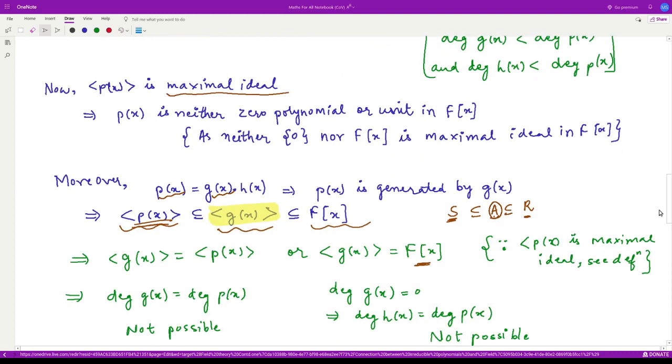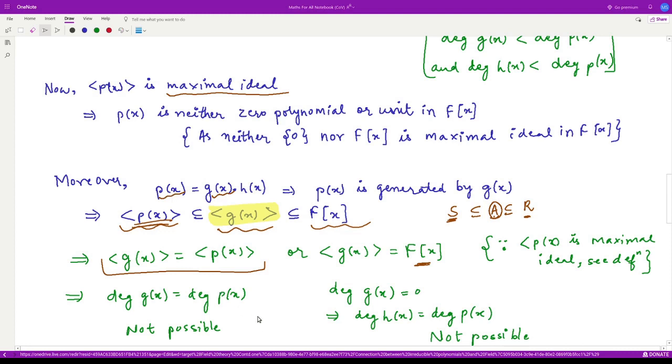So now let us see the first case. In the first case, if these two ideals are equal, then the degree of polynomial g(x) should be equal to the degree of polynomial p(x). But this is not possible. Why? Because we have written p(x) as the product of two polynomials where the degree of these two polynomials is less than the degree of p(x).